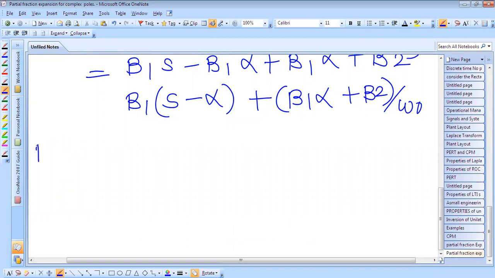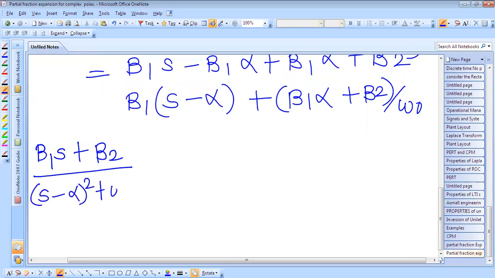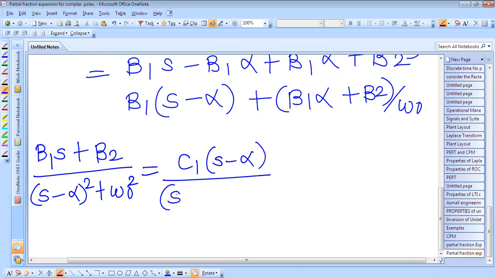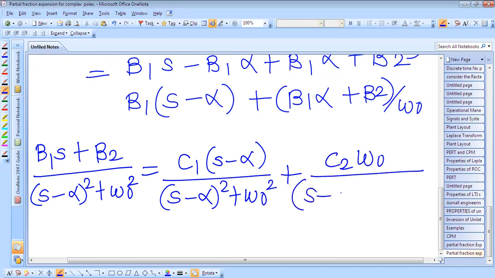So b1 s plus b2 divided by s minus alpha squared plus omega naught squared is c1 times s minus alpha divided by s minus alpha squared plus omega naught squared, plus c2 times omega naught divided by s minus alpha squared plus omega naught squared.